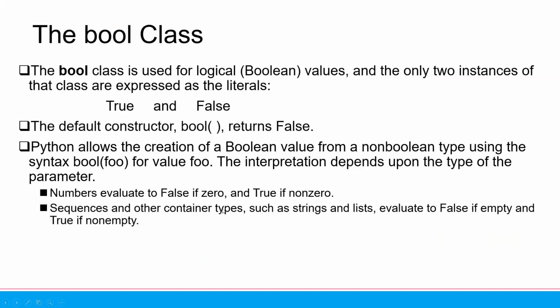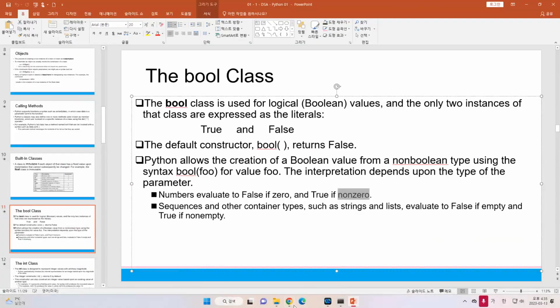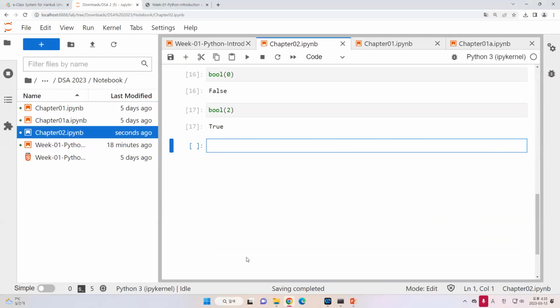Sequences and other container types, such as strings and lists, evaluate to false if empty and true if non-empty. Let's say A equals 'top'.